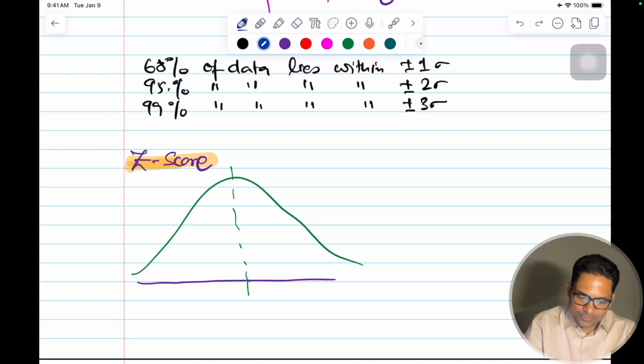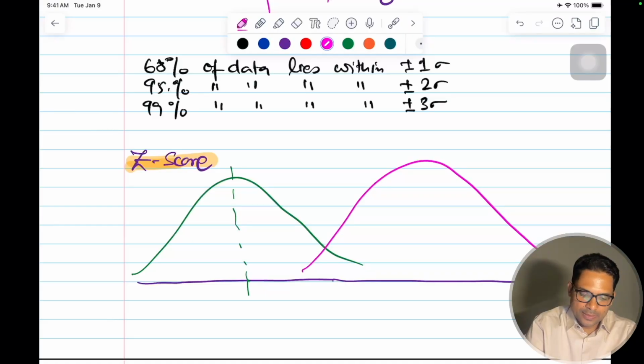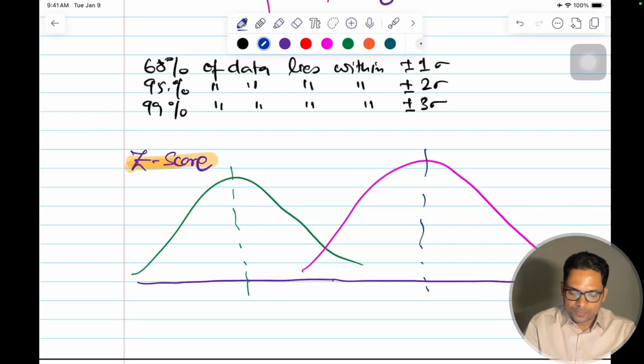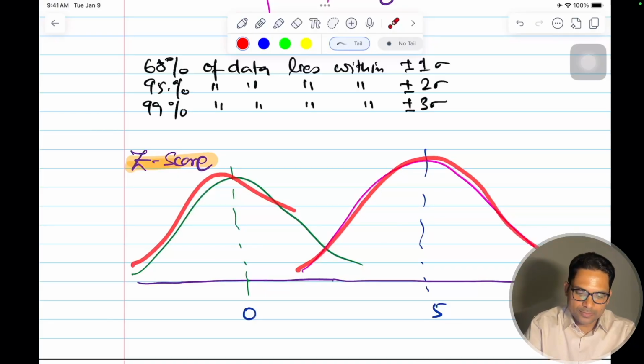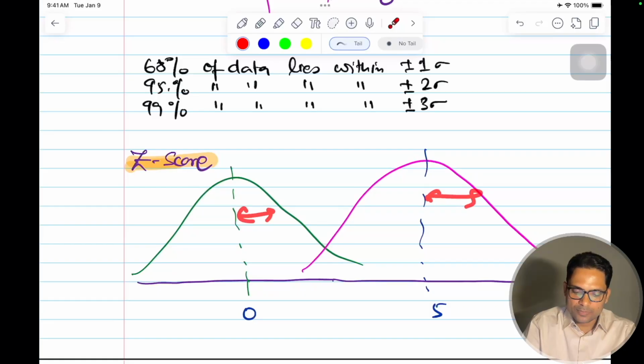I'll explain what standardization means. Say there are two distributions, and the mean for this is 0 and for this is 5, on the number line itself. But everything else is identical, the variance is the same, the sigma for them is the same.